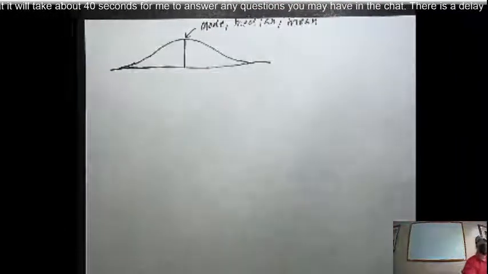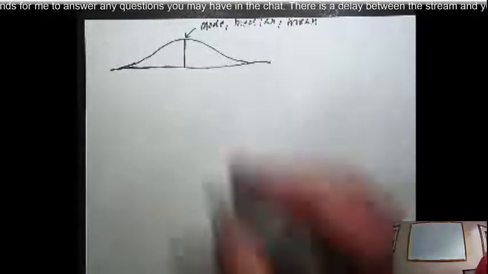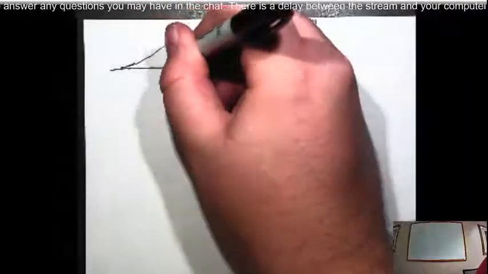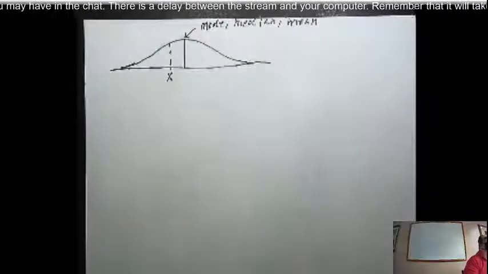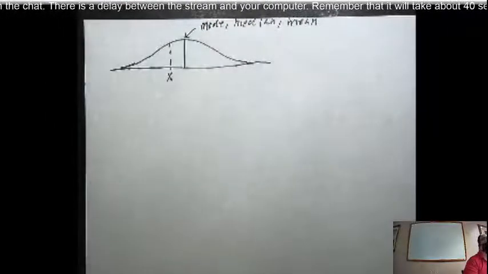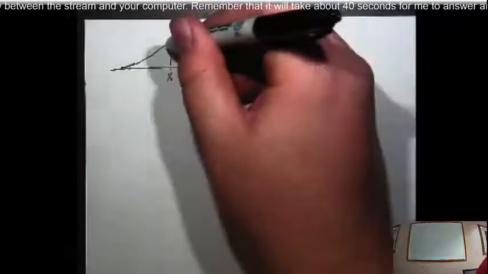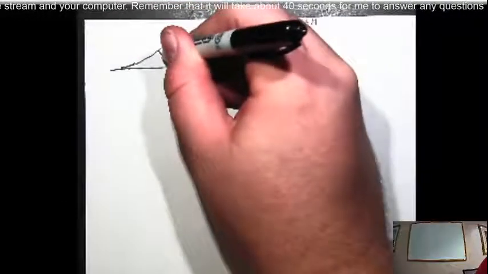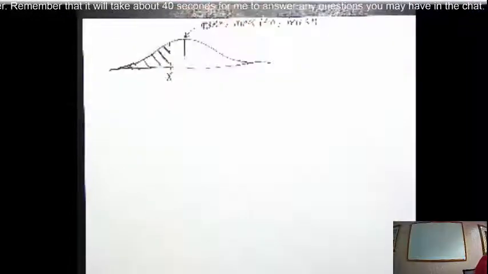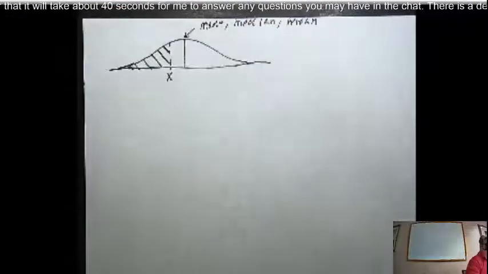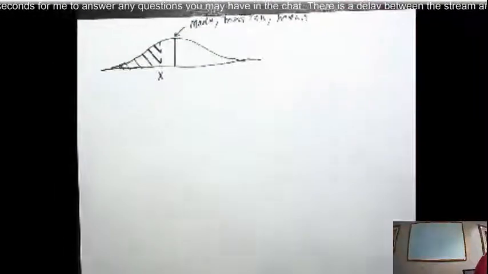Okay. And what we've been doing recently is taking a value, maybe something over here, some value for x, and seeing how much data lies on one side or the other. So for instance, if we are calculating how much data is on this side, we find a z-score for this area.